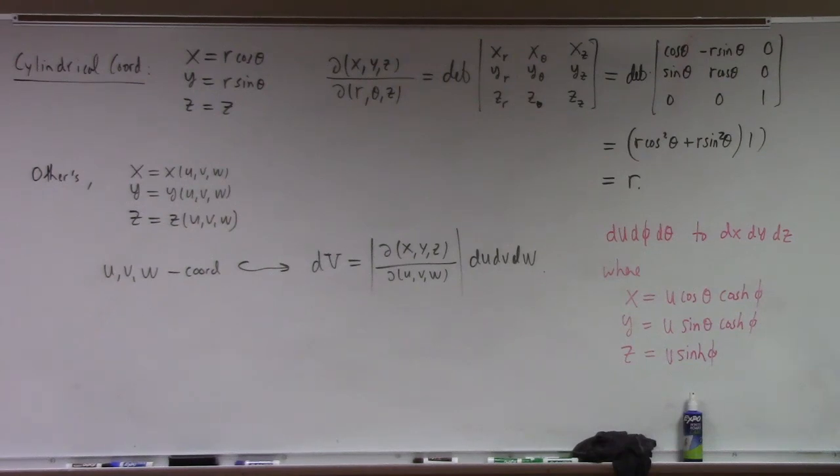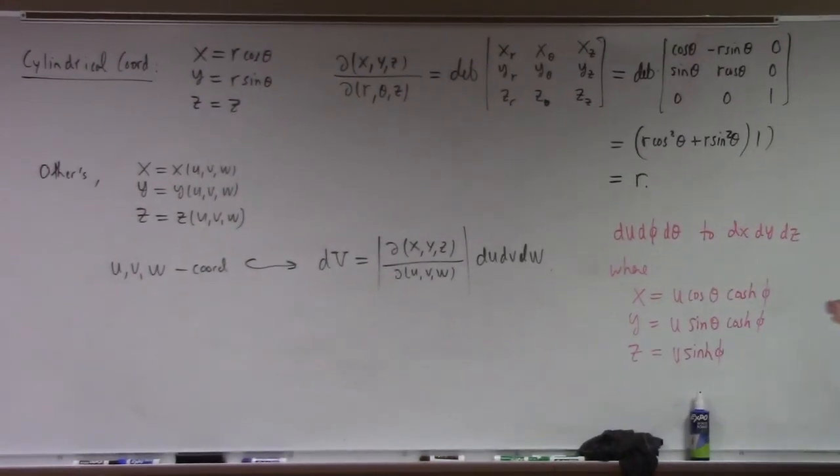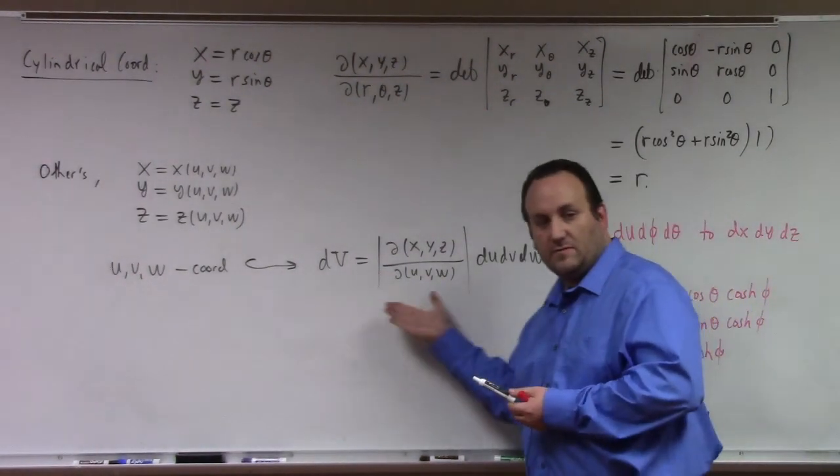So in this problem, u is like u. The v we could take to be theta, right? We could think about v being theta, and think about w being phi, right? And this would be the relation, whatever that works out to.